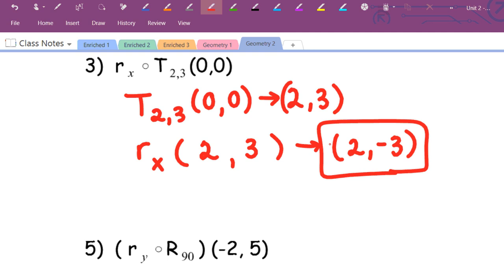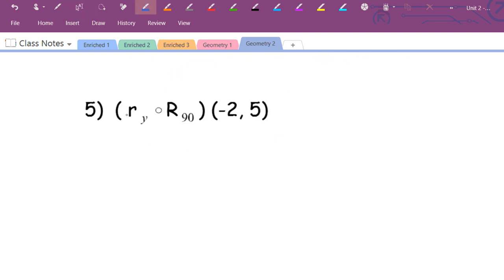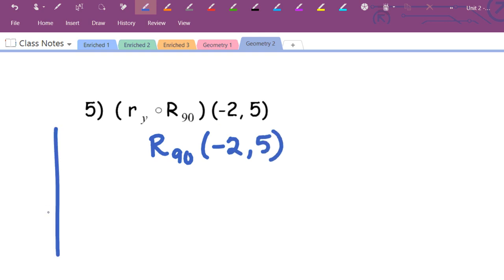What would you do first, Sam? What do you think you do first in number 5? Yeah, let's do our rotation of 90 degrees first. So we're going to rotate 90 degrees the point -2, 5. So I look at the graph of that. -2 is back 2, up 5. So this would be the point -2, 5 here.